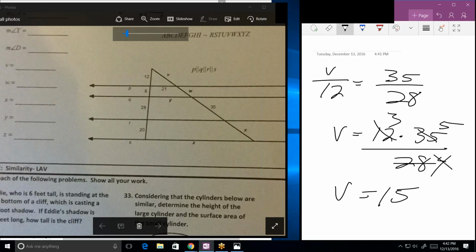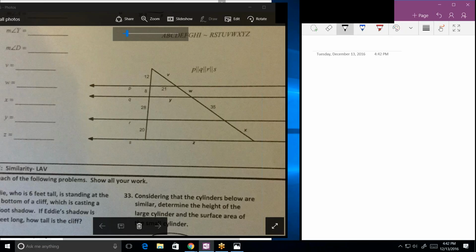And let's go back. I'm curious as to how you got 12. I believe by going V is to 12 as 35 is to 20. Yeah, you told me that. Yeah, and that probably gives you the right answer also.